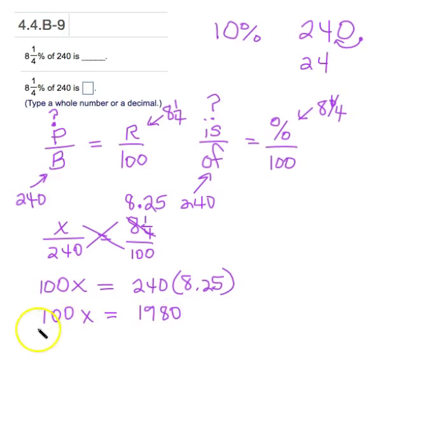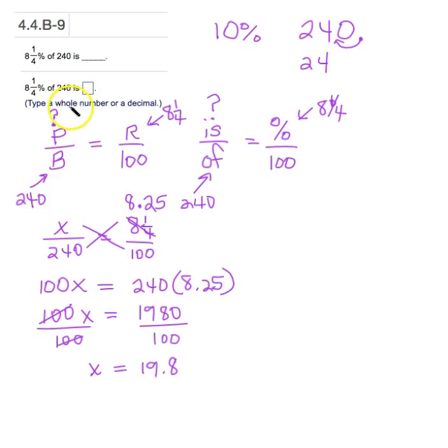And then the last step is to get x by itself. So we want to divide by 100 so that the 100s cancel out. 100 over 100 reduces down to 1. So we have 1x left. And so we're going to get 19.8. And you can see that that would make sense for our answer because that's a little bit less than 24, so that sounds reasonable.